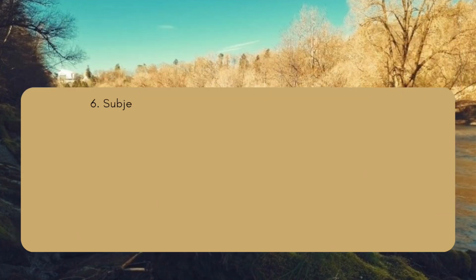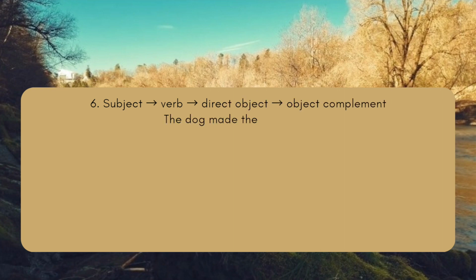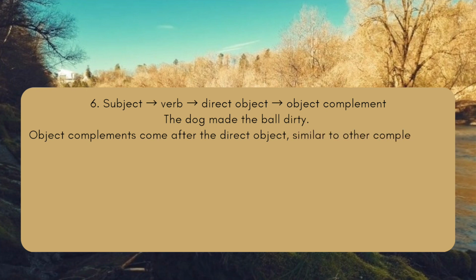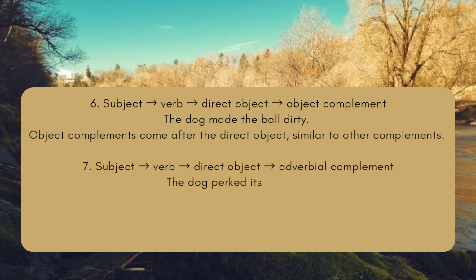Sixth, subject, verb, direct object, object complement. The dog made the ball dirty. Object complements come after the direct object, similar to other complements. Seventh, subject, verb, direct object, adverbial complement. The dog barked its ear up.